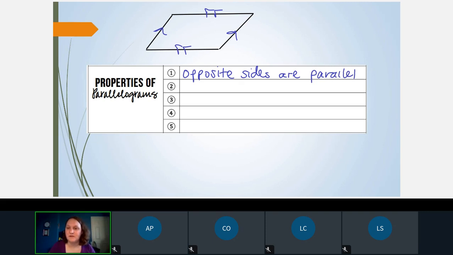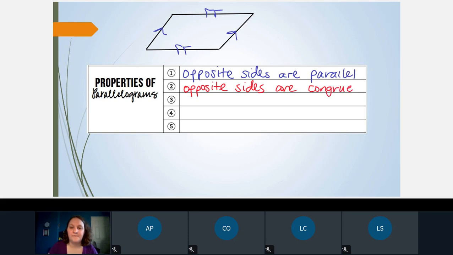Remember, those little arrows mean parallel, just like from way back in Unit 3. Another property of a parallelogram says not only are your opposite sides parallel, but your opposite sides are also congruent. So these will be equal, and so will these.